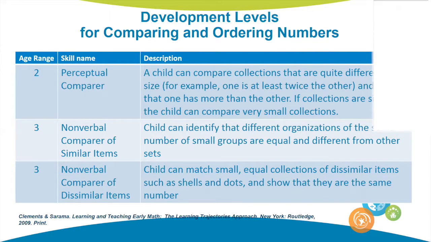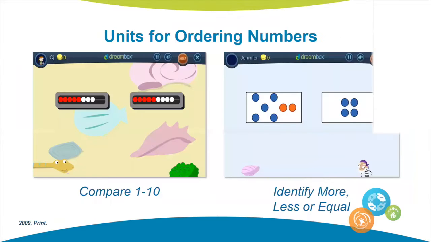To give you a visual of what that looks like in DreamBox, we're going to go into those lesson groups. Two of the lesson groups, and these are the ones that we introduce to students very first thing when they work in DreamBox, are comparing 1 to 10 and identifying more, less, or equal.